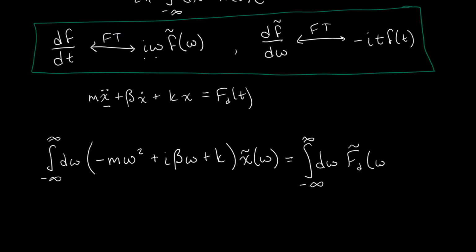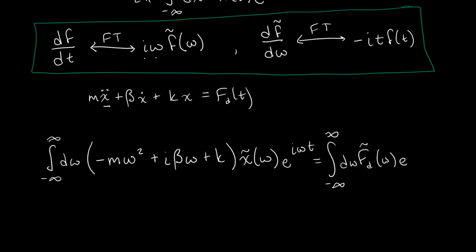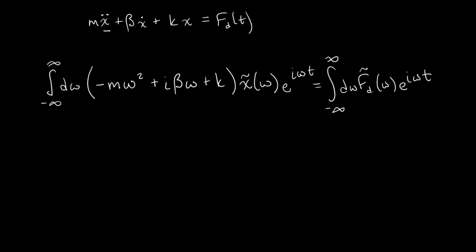The integral d omega f tilde of omega e to the i omega t. Okay, so now we can basically just drop these integrals and the exponentials, because they're the same on both sides of the equation.